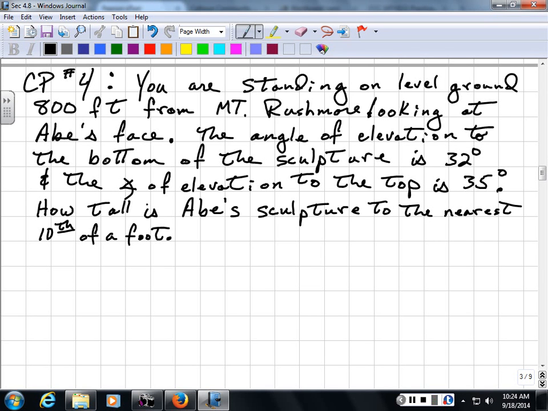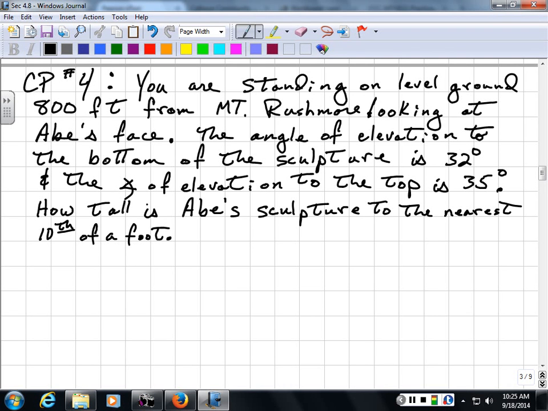Now, when you look at this one, a couple problems jump out at me. First off, it's saying the angle of elevation is 32 degrees. Okay. My angle of elevation is going to be decidedly different than, well, let's use Taylor for an example, because she's shorter than me.